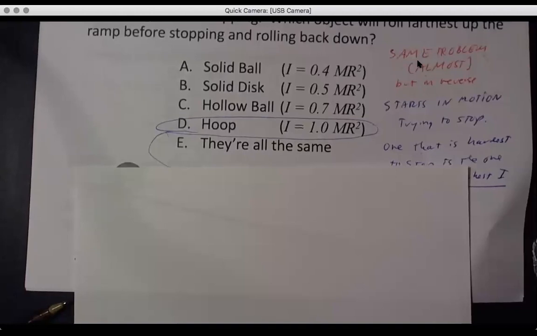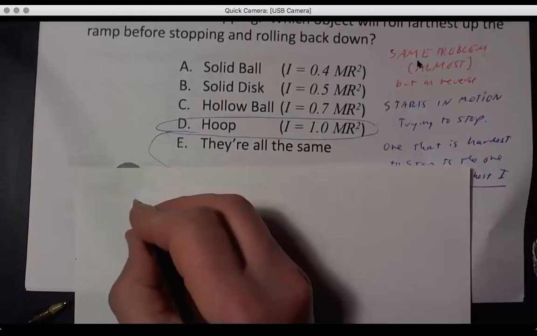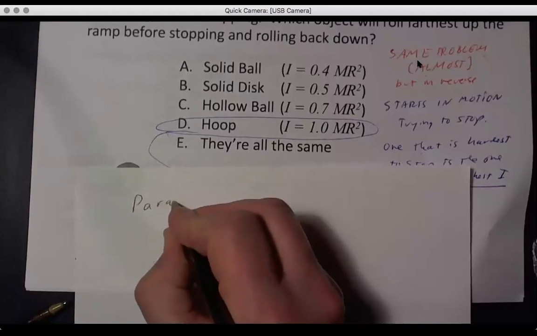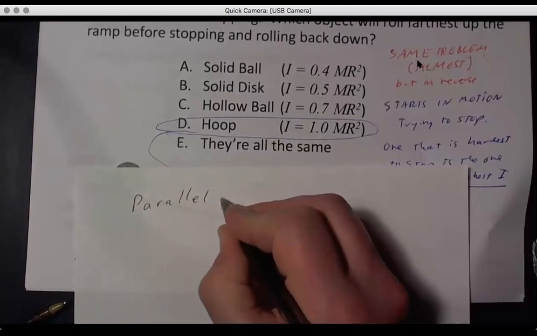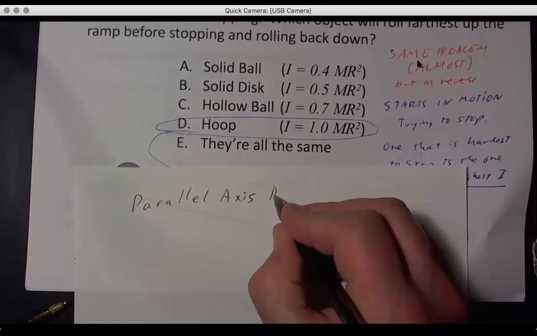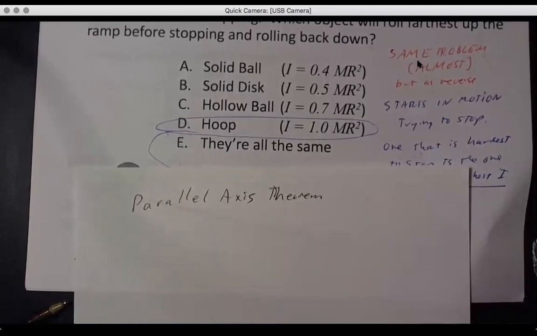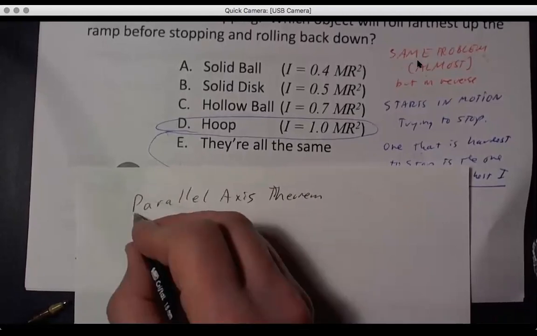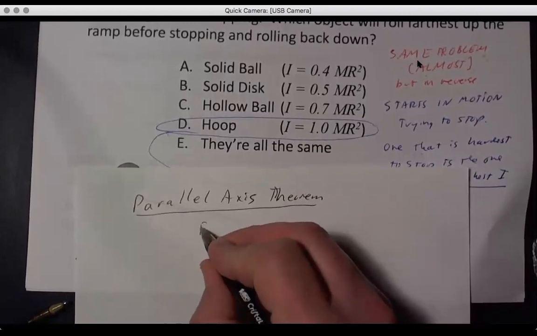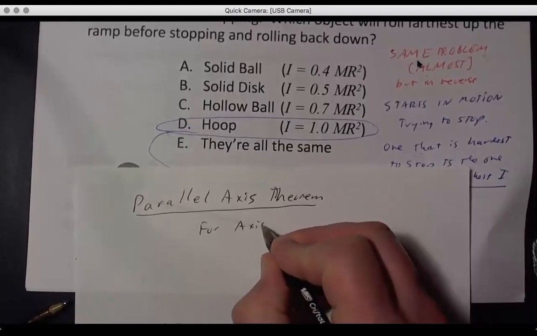I want to remind you of something that was in the lecture, the parallel axis theorem. And so this is what you do when the axis is not through the center of mass.